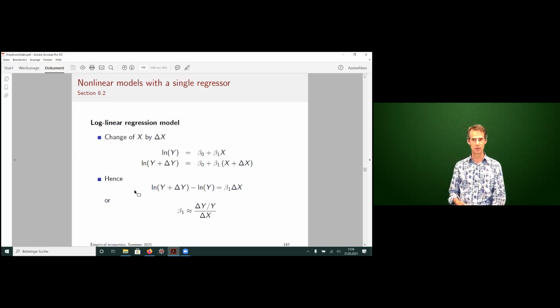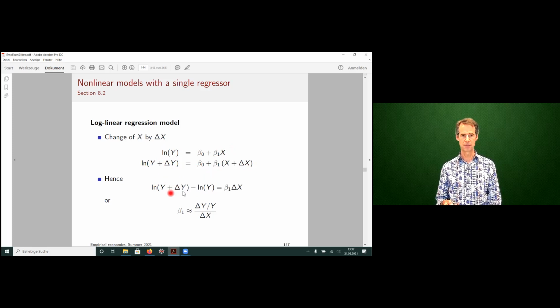That's the first of the 3 models. Now let's go over to the second one. Now we do the same derivation. We start with the log-linear model. We change x and look at the change of y. So the change of y is now inside the log. We can rewrite that as new value minus old value.